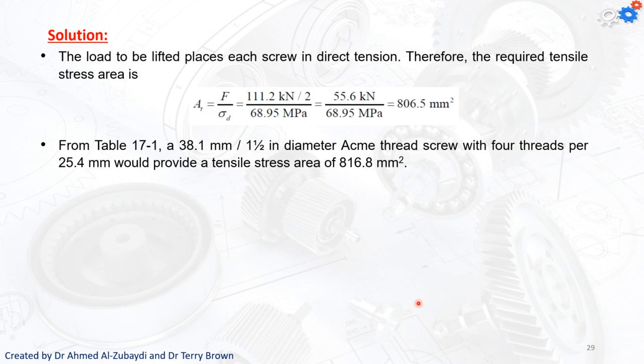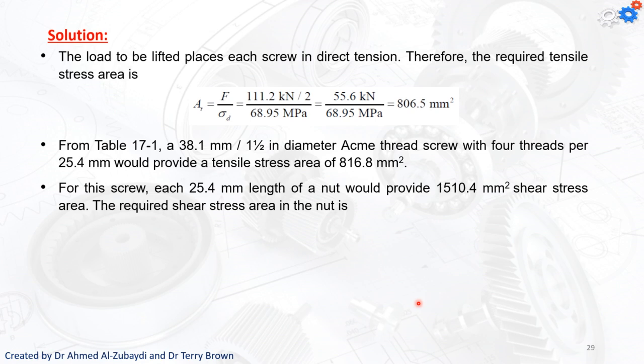So the 38.1 millimeter, or 1.5 inch, diameter Acme thread screw with 4 threads per 25 millimeters will provide a tensile stress area of 816.8 square millimeters. Here, he used the IP units table.